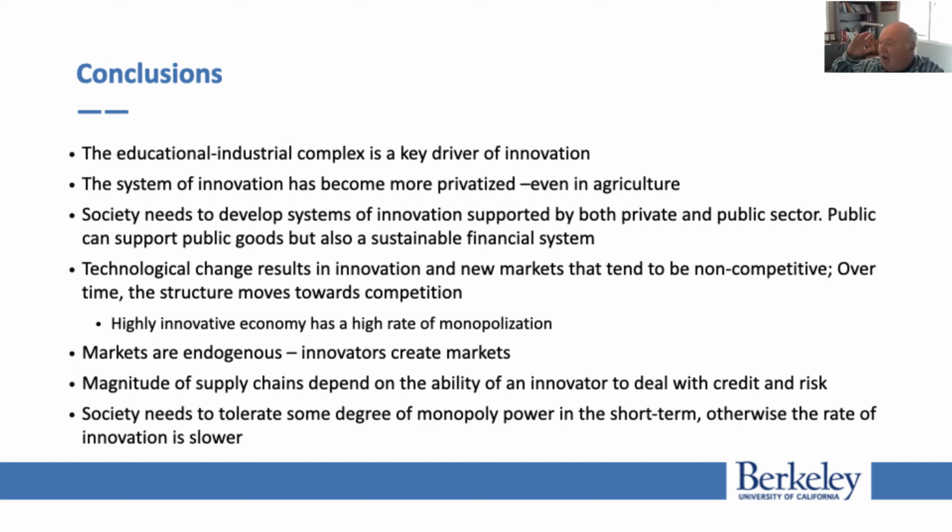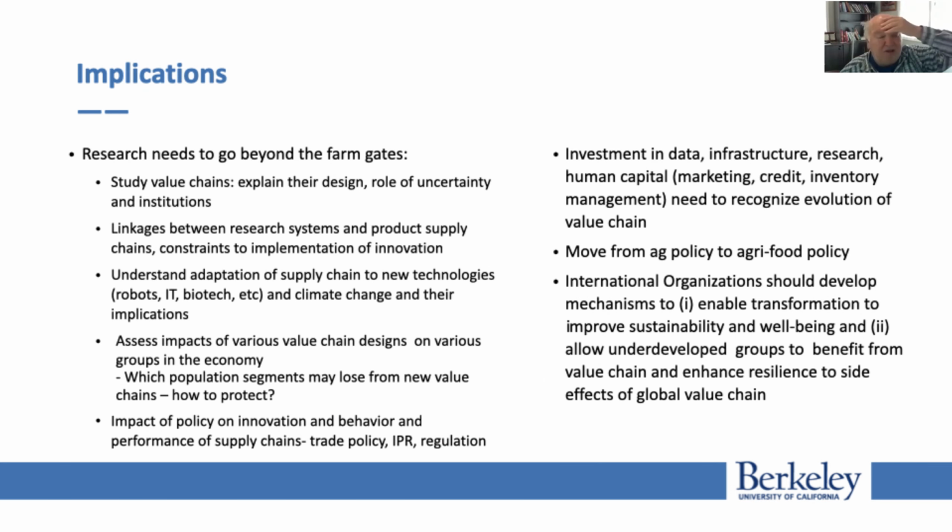So the big challenge of government is to allow sufficient monopoly so the supply chain will start, but at the same time regulate against exploitation. So what does it mean? When we look at developing countries and at food, we need to understand all the production below the farm gate.